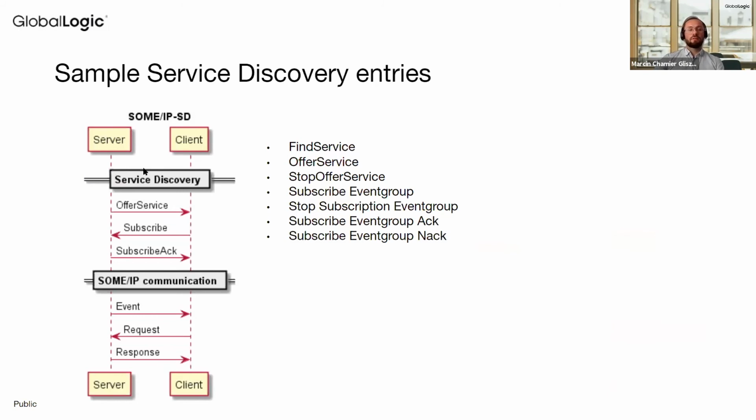In the service discovery phase, the server offers the service, informing the ARA runtime COM that the service is available in the system. The ARA COM writes it to a part of memory, and the client or clients can connect to the service and start to exchange data or do what they want with the interface the service provides.